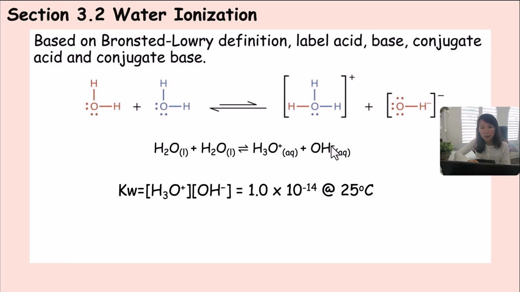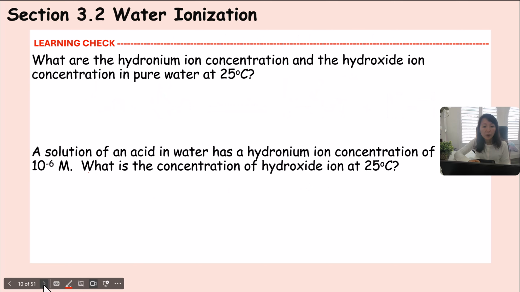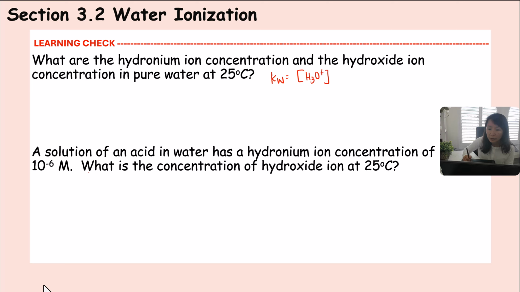Let's do a learning check based on what I have just said so far to get some clarity. Here, what are the hydronium ion concentration and hydroxide concentration in pure water? So we know that Kw is equal to H3O plus, that's your hydronium ion concentration, times OH minus, the hydroxide.